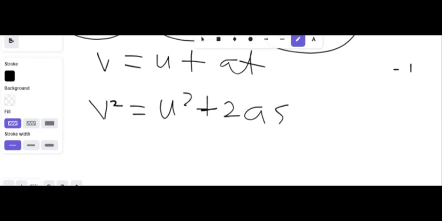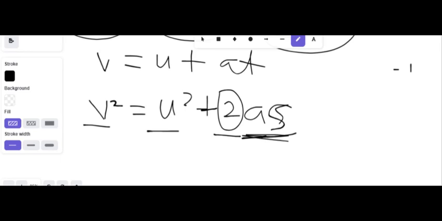In physics, we say they are dimensionless constants. So we are not interested in this number 2. The number will appear in front of the dimension of this as. Acceleration, and s is distance. Final velocity squared equals initial velocity squared plus 2 times acceleration times distance. s is distance, and anything distance is length, so it has dimension for length.